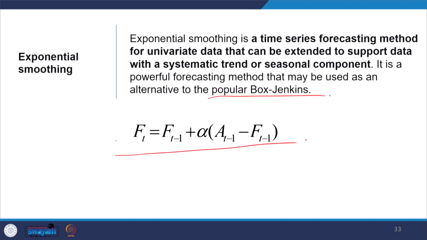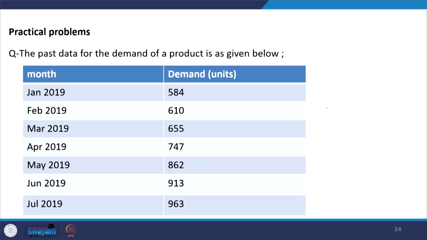F t, the forecasted value, is F t minus 1 plus alpha times (actual t minus 1 minus forecasted t minus 1). That is the difference between the actual value and the forecasted value for the last year, multiplied by alpha, the exponential smoothing factor, plus the last year's forecasted value. By doing this we can forecast the next year's value.